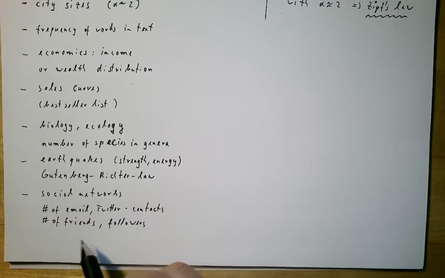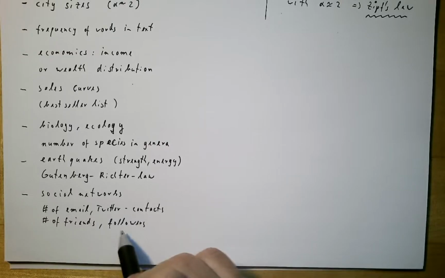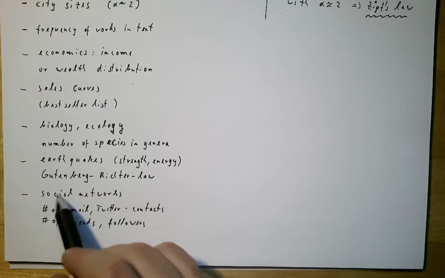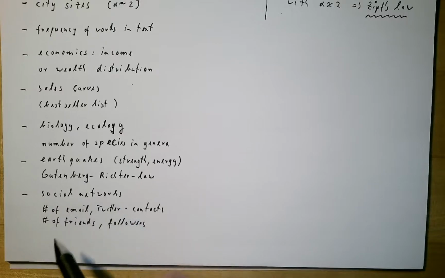But most people just have a few followers, like me. So most people are normal, but then you have the super duper guys who are connected to everybody. And in social networks, you will find power law distributions.